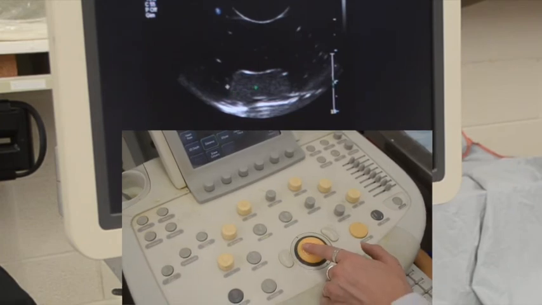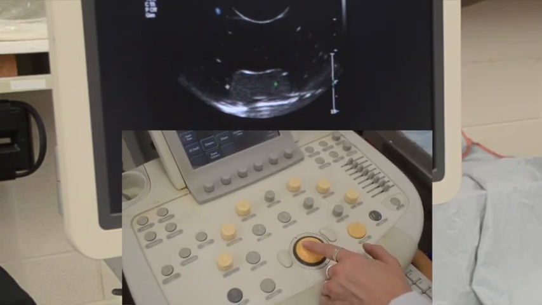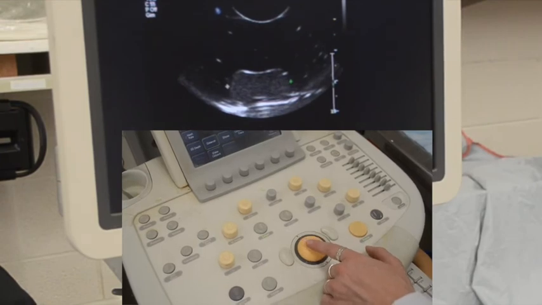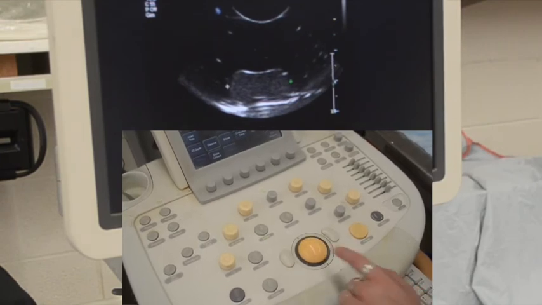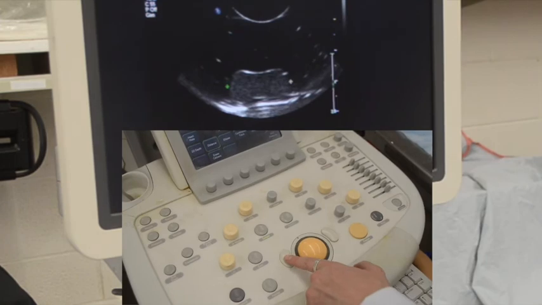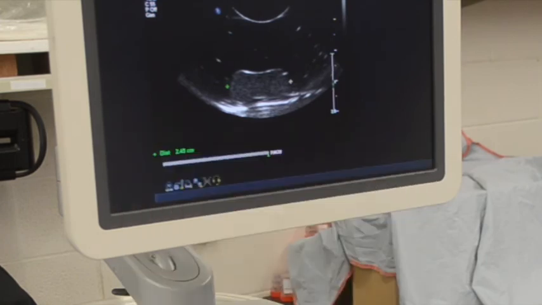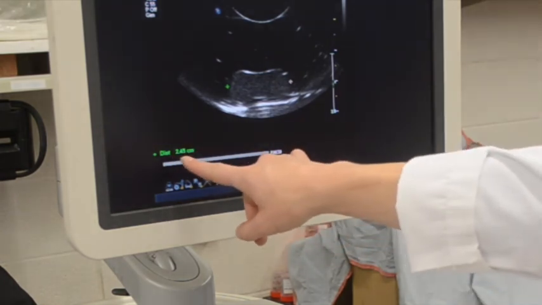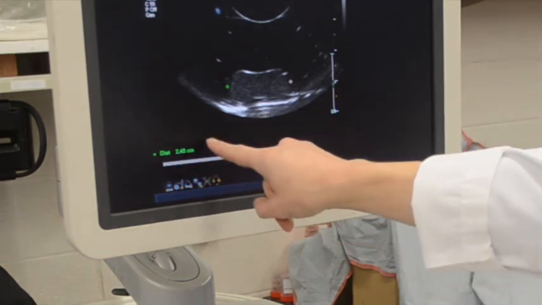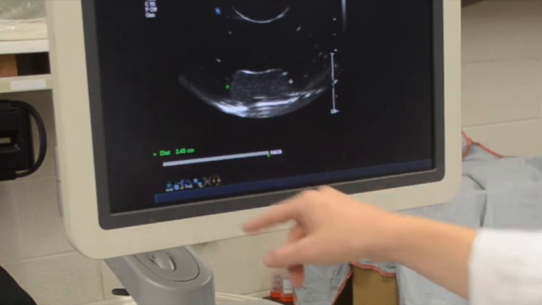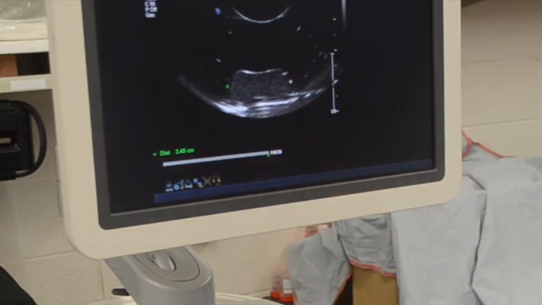Then use the trackpad ball again to stretch the caliper across the area you intend to measure, and hit the select button once again to mark the second point. The size of the structure will be in centimeters on the bottom left-hand corner of your screen. Hit freeze again to return to live mode.